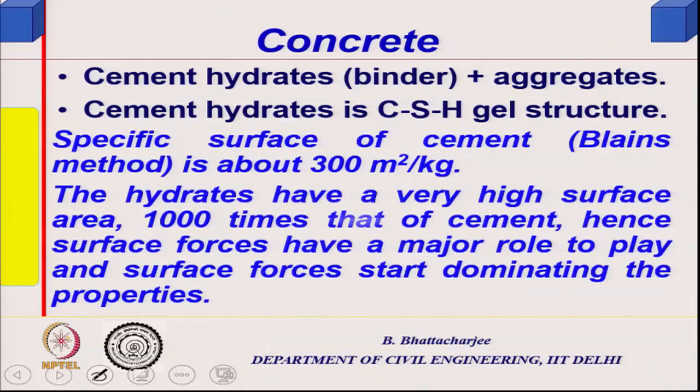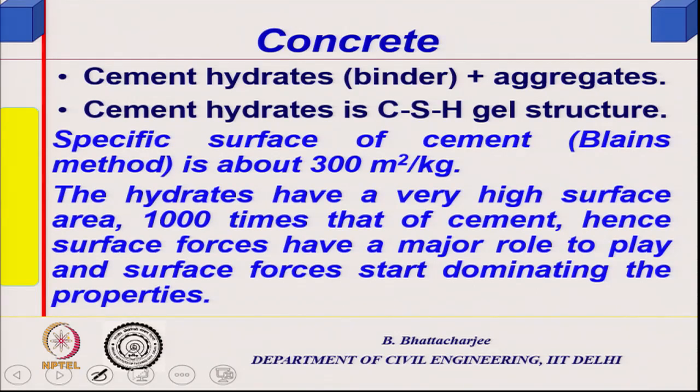So just putting them in words, cement has a specific surface, that is surface area per unit mass, of about 300. The hydrates have a very high specific surface, more than 1000 times that of the cement, one of the cement concrete science issues. Hence it has a very large surface. So surface force is dominant and they bond to each other.